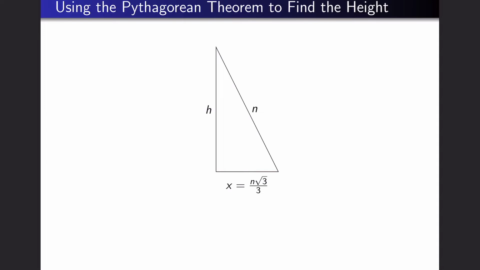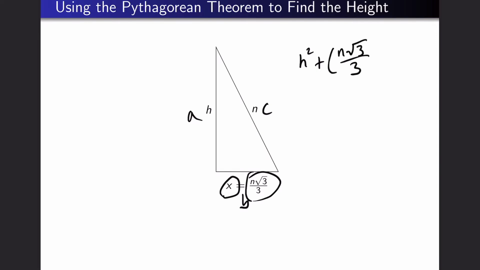So let's call this side A, let's call this side B, and let's call this side C. So a squared, which is just height squared, plus b squared, which is x over here, n root 3 over 3, I'm just going to plug it right in, squared, is equal to c squared, which is just n squared.